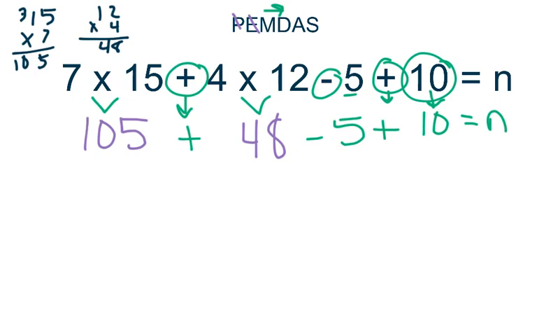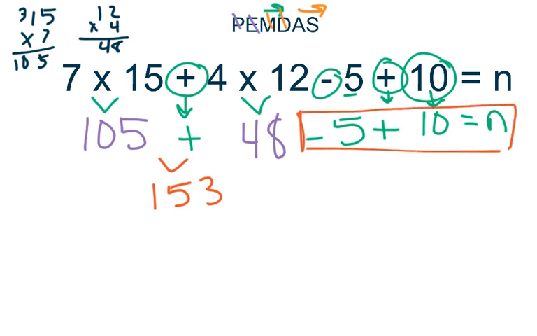So I don't see any more multiplication or division. Now I need to move on to addition and subtraction in the order that I see it. So I'm going to start with this addition right here of 105 plus 48, which gives me 153. I'm going to bring everything down. So I have my minus 5 plus 10 equals n.